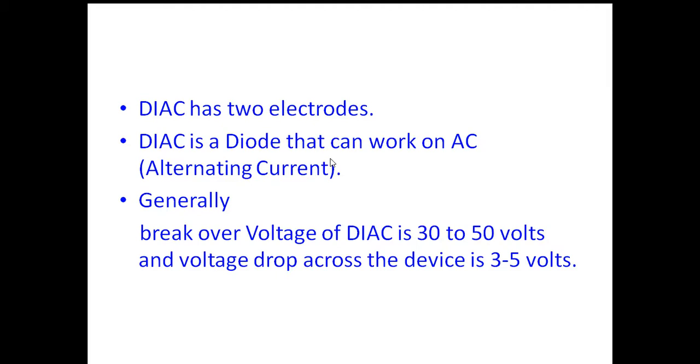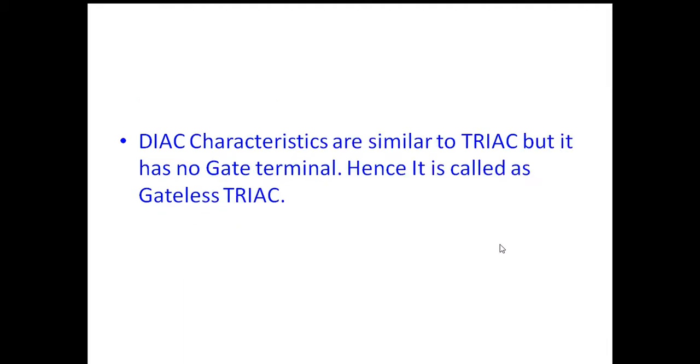The diac is a diode that can work on AC, alternating current. The breakover voltage of a diac is 30 to 50 volts, and the voltage drop across the device is around 3 to 5 volts. We are going to study the characteristics of the diac, and these characteristics are almost similar, but here we do not have any control.